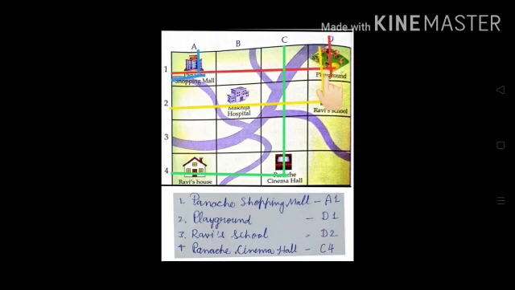It is in D column and 2 row. So the location of Ravi's school is D2. Now Panache cinema hall. Green line indicates Panache cinema hall. It is in C4. So the location of Panache cinema hall is C4.